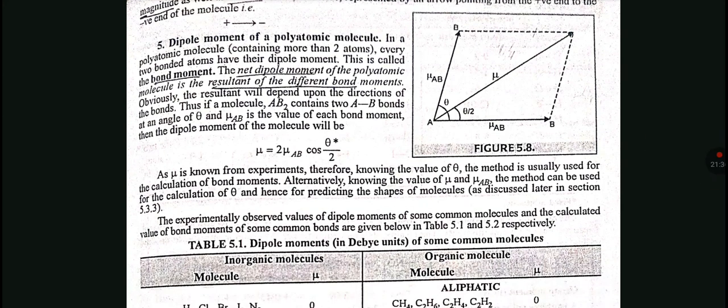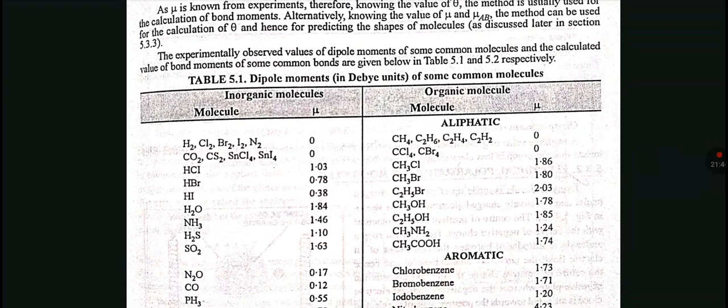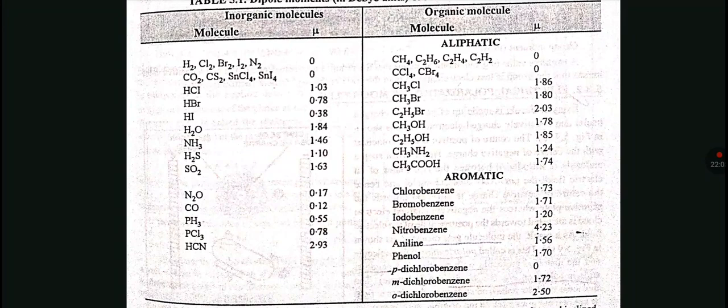The experimentally observed values of dipole moment of some common molecules and the calculated values of the bond moments of some common bonds are given in the table. H2, Cl2, Br2, I2, N2, CO2, CS2, SnCl4, SnI4: 0. HCl 1.03, HBr 0.78, HI 0.38, H2O 1.84, NH3 1.46, H2S 1.10, SO2 1.63, N2O 0.17, CO 0.12, PH3 0.55, PCl3 0.78, HCN 2.93, CH4, C2H6, C2H4, C2H2: 0. CCl4, CBr4: 0.